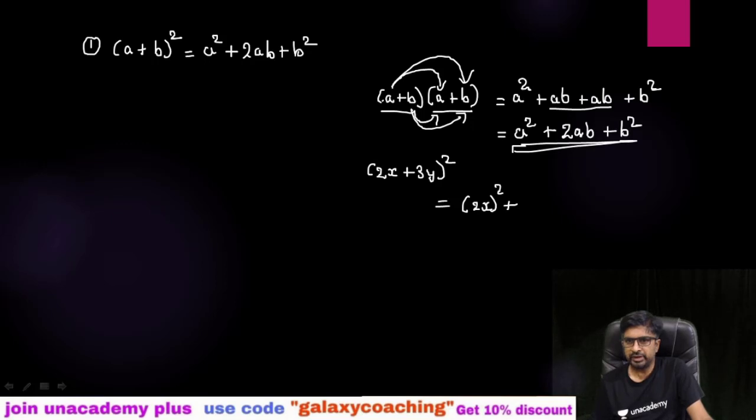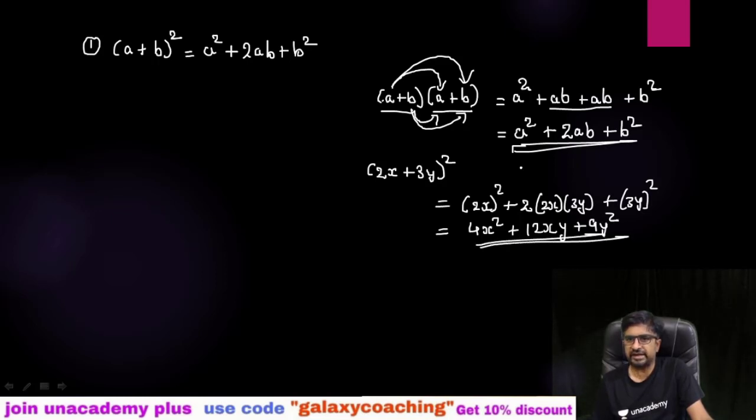Then 2 into first term into second term, and then plus b square, so directly (3y) square. So your answer will be 4x square plus 2 2s are 4, 3s are 12xy plus 9y square. So directly we are getting the answer.